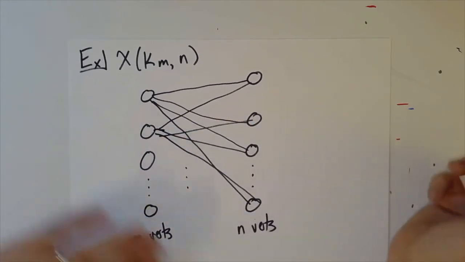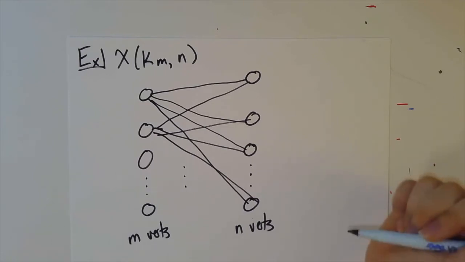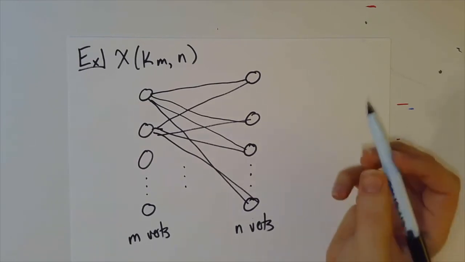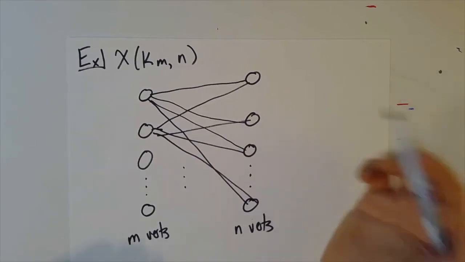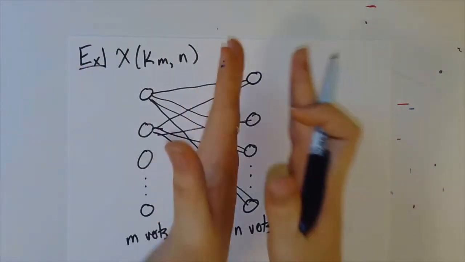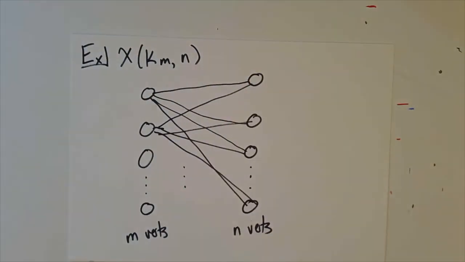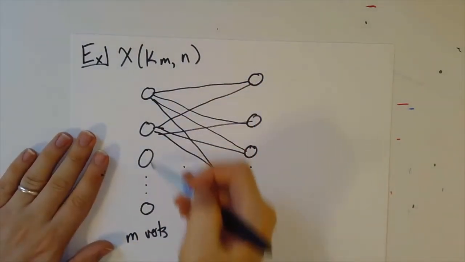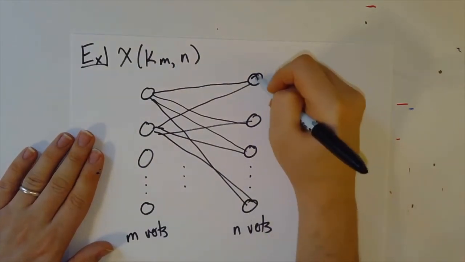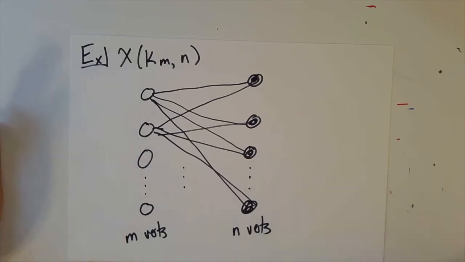So there's lots of lines, but I think it's pretty easy to come up with a coloring of this graph. Namely, everything over on this side is only connected to things over here, and things over here are only connected to things over here. So I can color all of these vertices white and all of these vertices black, and suddenly that's a coloring.